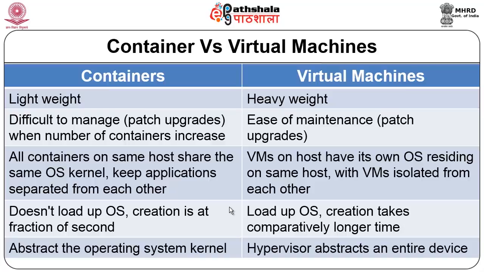it makes the communication difficult for the OS, whereas that same problem does not exist in a VM, because a VM is complete with its own operating system and its own resources. A container does not load an OS, so therefore, it is faster, whereas a VM has to wait for its own operating system to load.